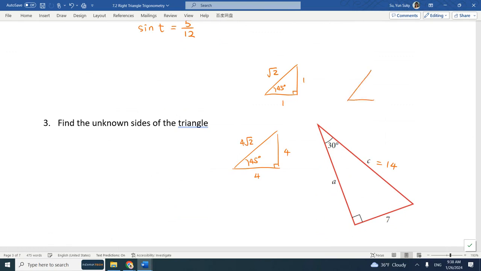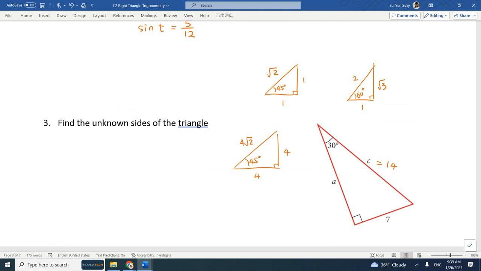And now, because we have the 60 degree, then we have what? 1, 2, square root of 3. So keep this in mind. Therefore, if you see the shortest side is 7, then you multiply everything by 7. What's this? 2 times 7 is 14. And how about this? Yes, exactly.